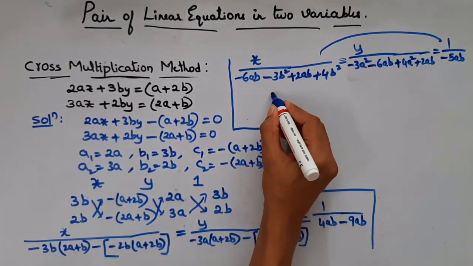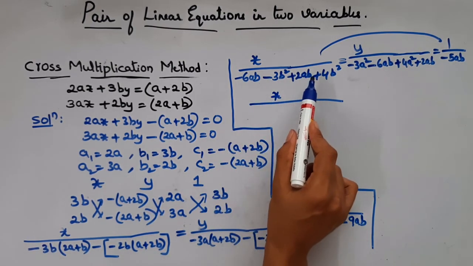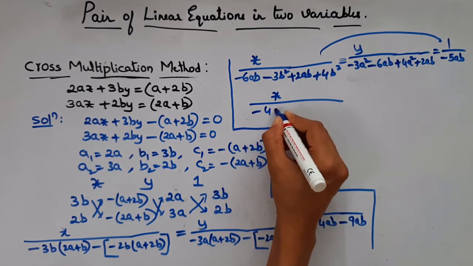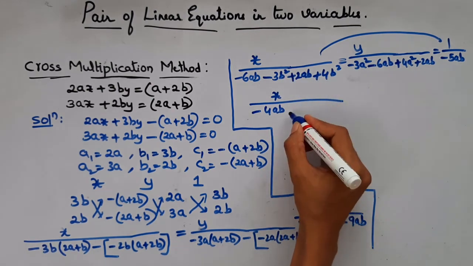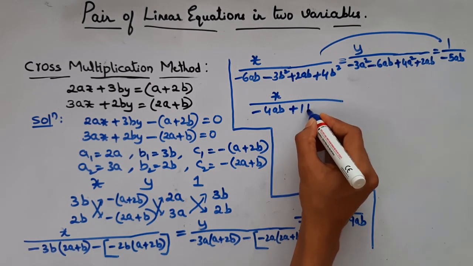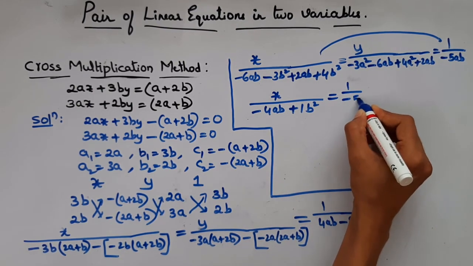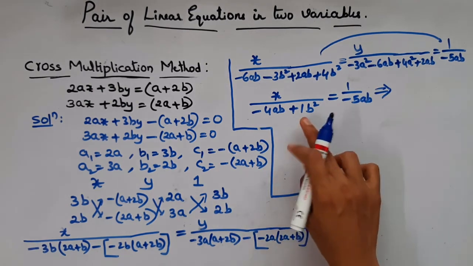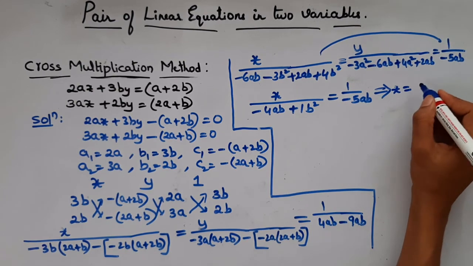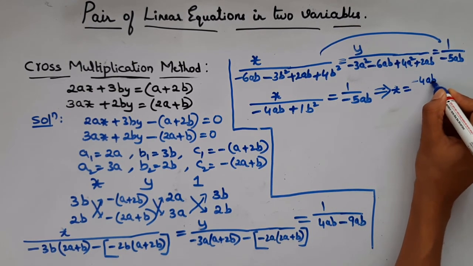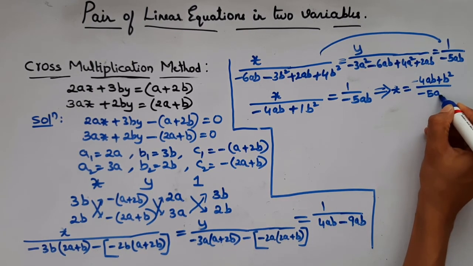So we will take these two equations first. So we have x by minus 6ab plus 2ab will give you minus 4ab, right. So minus 3b square and plus 4b square will give you plus 1b square, right, which is equal to 1 by minus 5ab, which implies x is equal to, this whole term will go to numerator, so we have minus 4ab plus b square by minus 5ab, right.